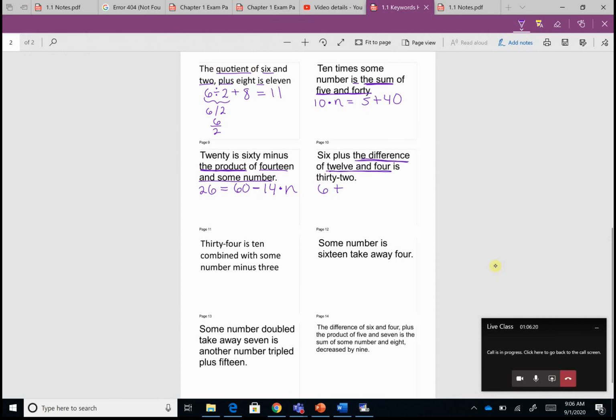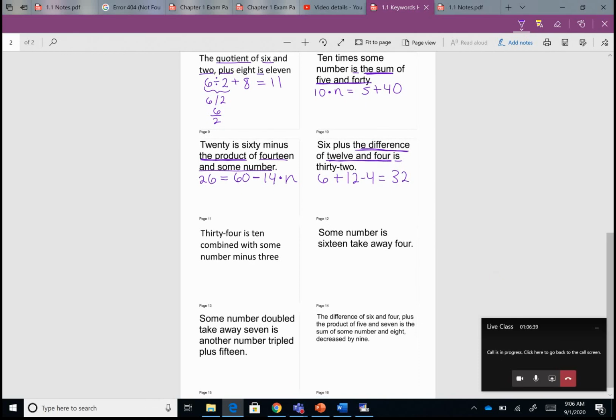So we're going to subtract 12 minus 4. And then is means equals 32. For number 13, 34 is means equals.